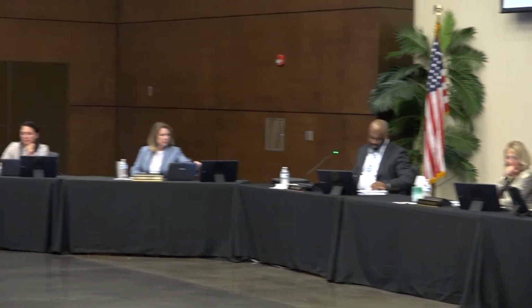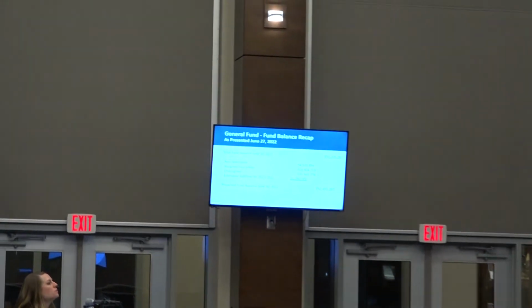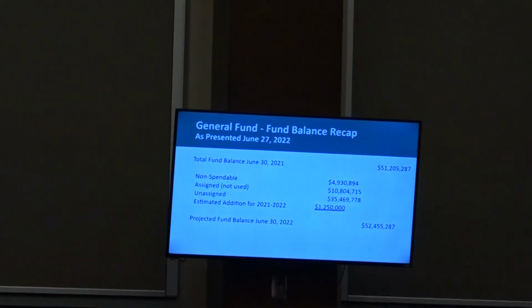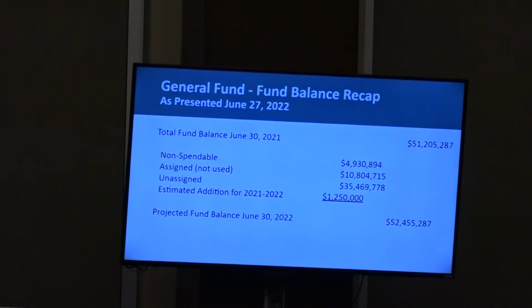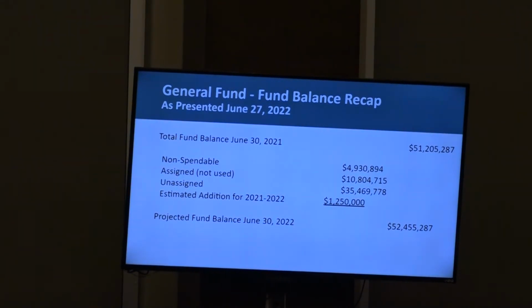Great, thank you again. Before we get into the FY22 fund balance, I wanted to do a slight recap of what y'all have seen before. As of June 27, 2022, when y'all voted to approve the FY23 budget, y'all also talked about the fund balance for FY22. If y'all will recall, as of June 30, 2021, our fund balance was roughly $51 million.